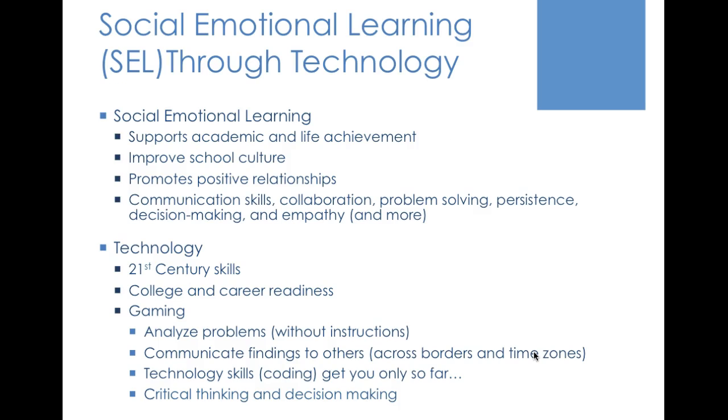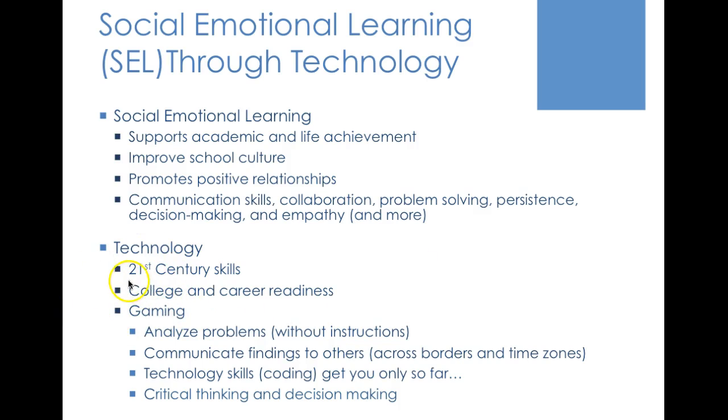So there's also the social emotional learning standards. And here, the big part that I want you to pull from here is that federally, even with the Every Student Succeeds Act, we really have started to push communication skills, collaboration, problem solving, persistence, decision making, and empathy as skills that students really need to learn.